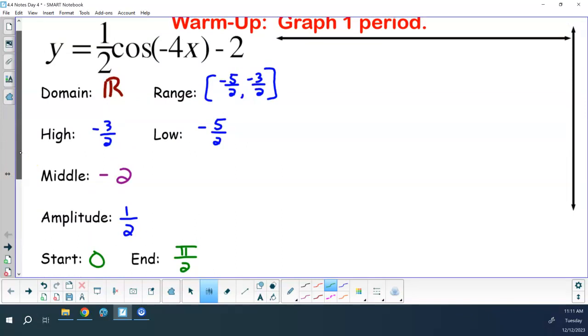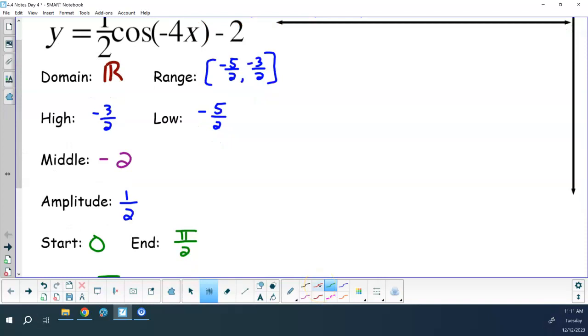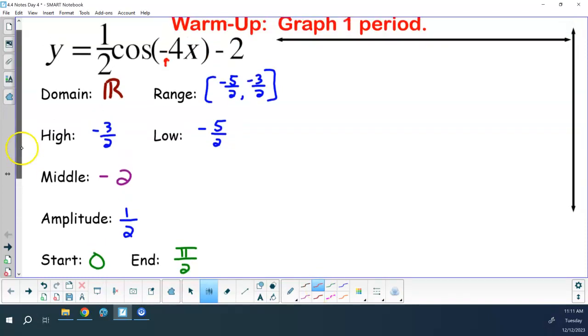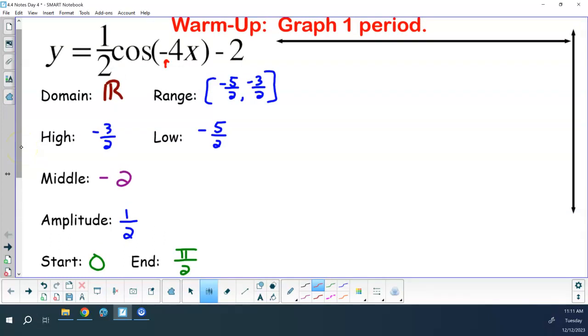Does this negative right there have any effect on anything? Nope, it doesn't, because it's cosine. And -b doesn't have an effect on cosine. It does have an effect on sine. Okay? We're just talking about going the negative direction, and if we go the negative direction, our cosines are always going to be the same.